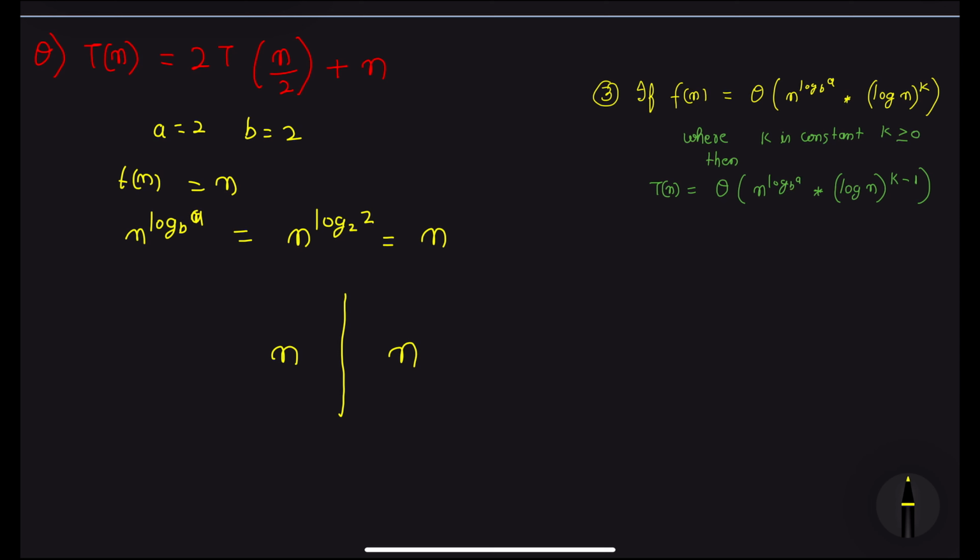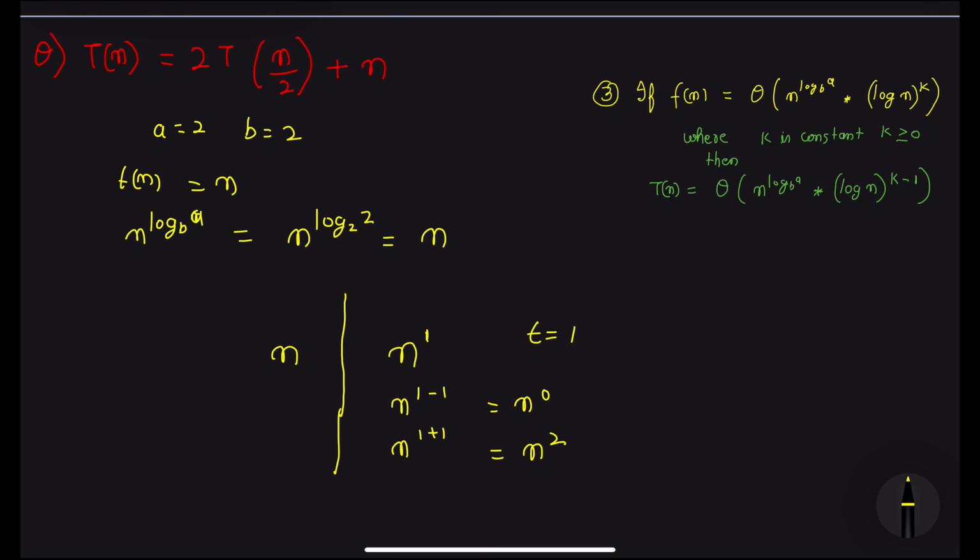Now let's see if we can find a value of t that satisfies either condition 1 or condition 2 of the Master Theorem. Let's take the value of t equal to 1, and n can be written as n raised to power 1. For one value it will be 1 minus 1, for the other it will be 1 plus 1. This will be n^0, and this will be n square.